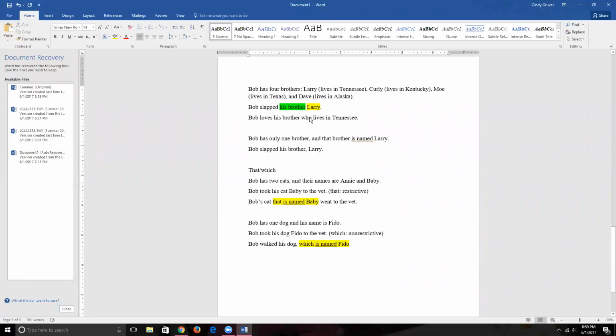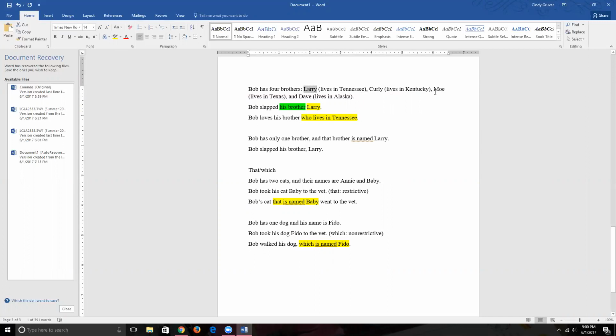Well, the question is, we're going to use who, whether it's restrictive or not restrictive. So what we're trying to decide now is whether we're going to put this with a comma or not. Well, this fact does give us information. We know that what we're saying is that Bob loves Larry, right? We're excluding Curly because he lives in Kentucky.